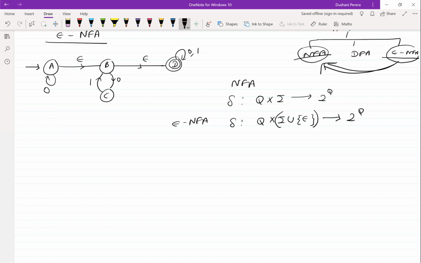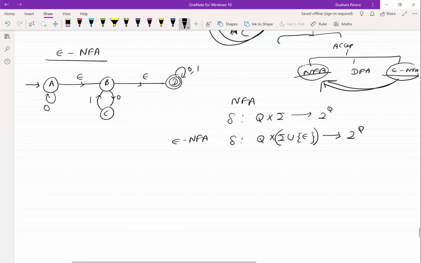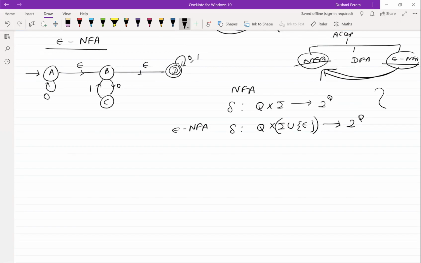Okay, so what some books do is they talk about these two separately with these two definitions, but if you refer to some reference books, they specify this itself as the NFA. Okay, because all NFAs are anyways epsilon NFAs. Only difference is epsilon is not there in an NFA. Eventually DFA, NFA, everybody comes under epsilon NFAs.